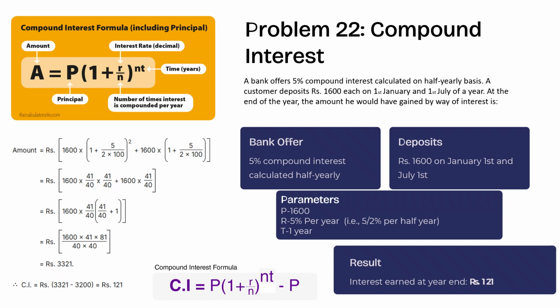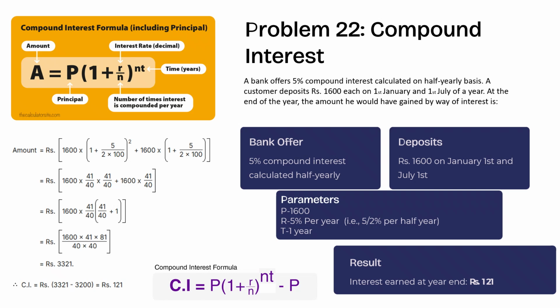5 by 2 is 5 divided by 2 into 100, into the power of, where n is the number of times interest is compounded per year. The n value is 2. Half yearly means per year it comes twice. So I have mentioned 2, plus t, the tenure, 1 year.